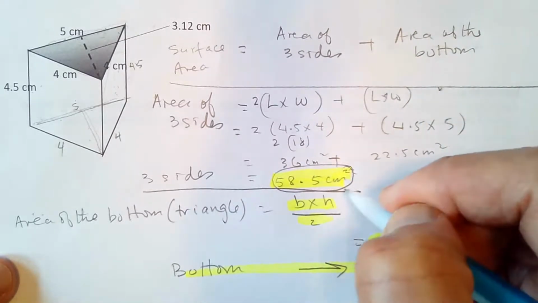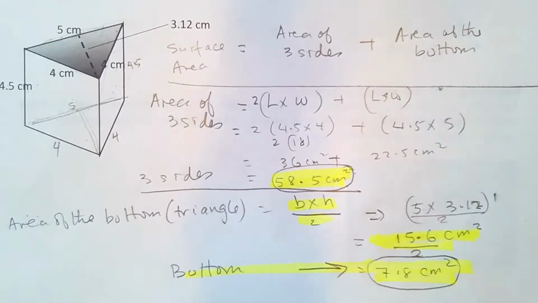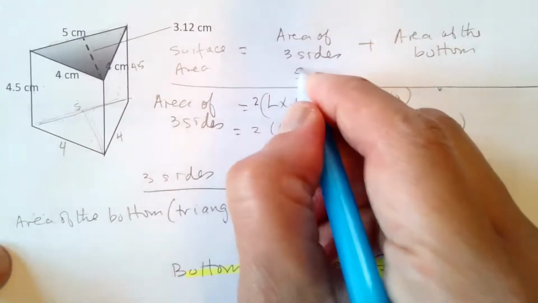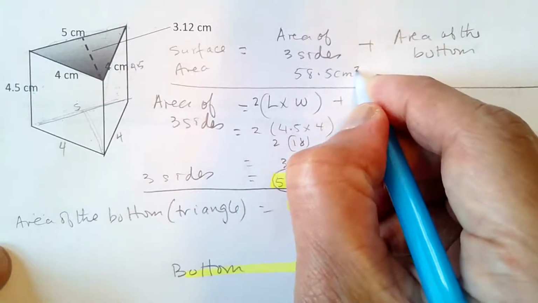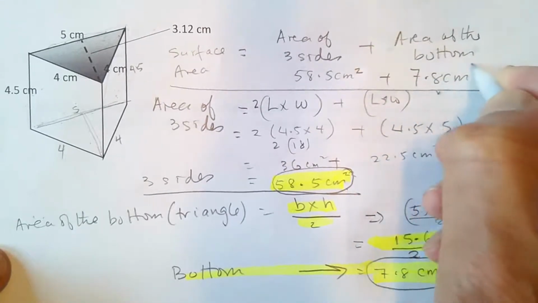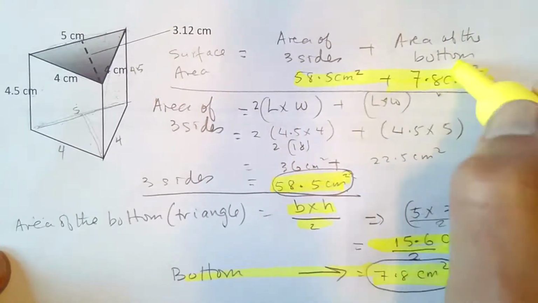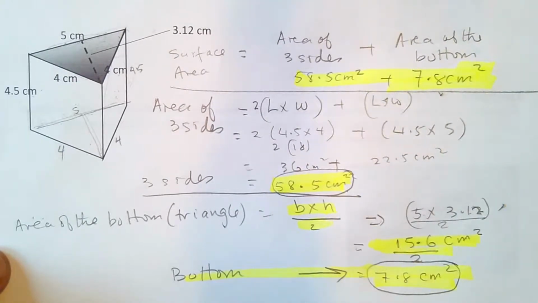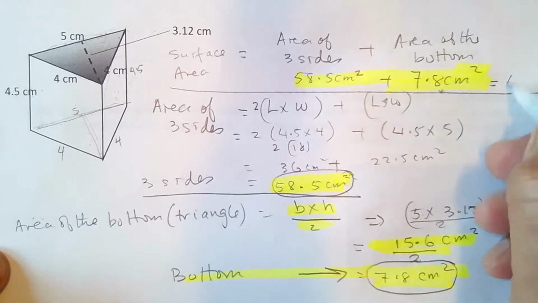The 3 sides give me 58.5, plus the bottom is 7.8, which works out to be 66.3.